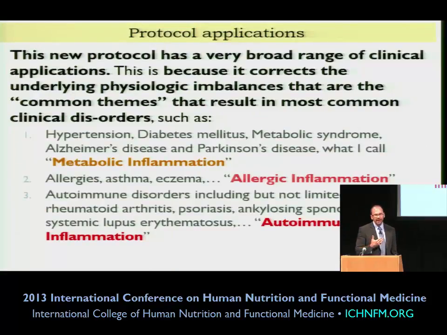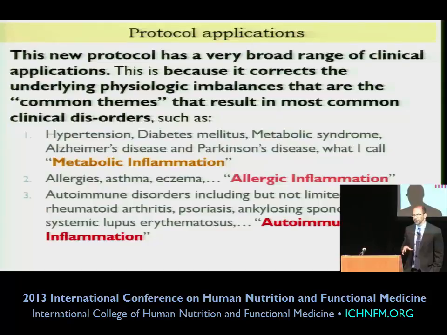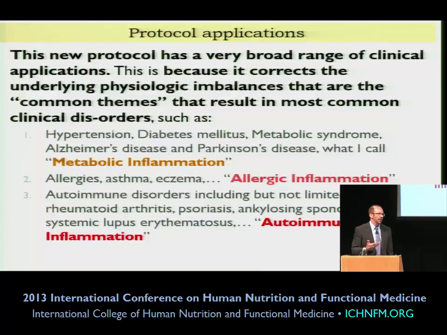So my favorite topic, I suppose among many favorite topics, is inflammation. And so when I talk about inflammation, I divide it down into these three categories of inflammation, one of which I call metabolic inflammation, such as Parkinson's, Alzheimer's, metabolic syndrome, insulin resistance. Another I call allergic inflammation. We all know that. Atopic dermatitis, allergies, asthma.